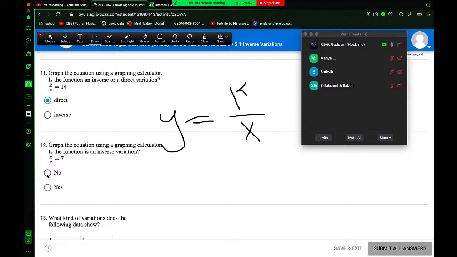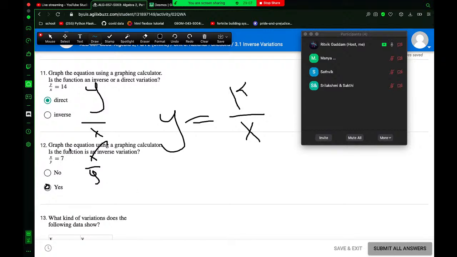So it's actually a yes. It is an inverse variation because last time, if you remember here, it's y over x. Over here, it's x over y. And this is not upside down. This is not 1 over 7. This is just normal 7.